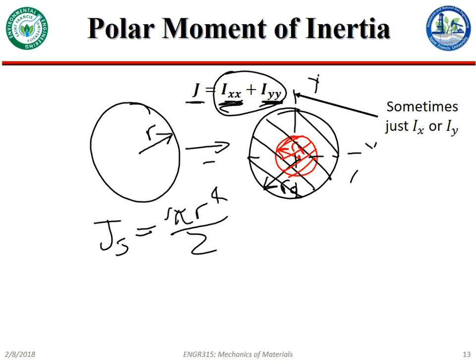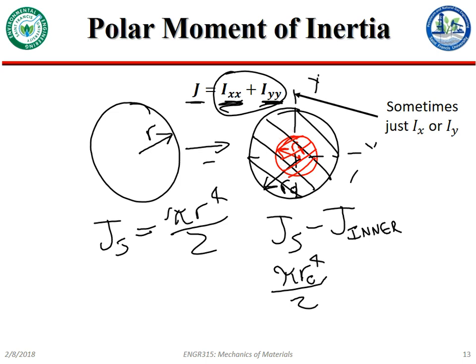So in this case, J solid minus J inner, or something like pi r naught to the fourth, where r naught is the outer radius, minus pi r inner radius to the fourth, all over 2, would get me the polar moment of inertia of the ring.